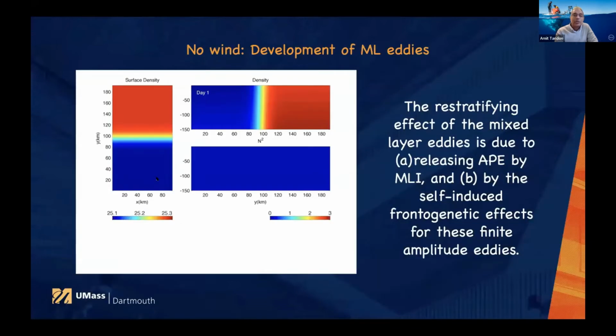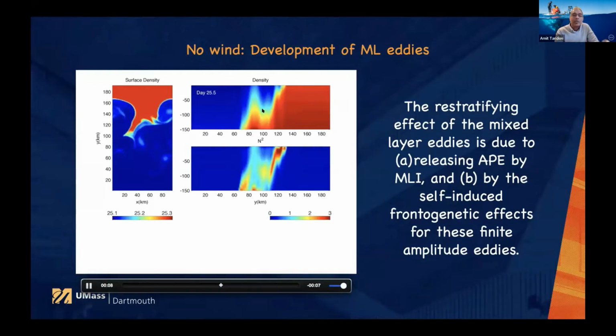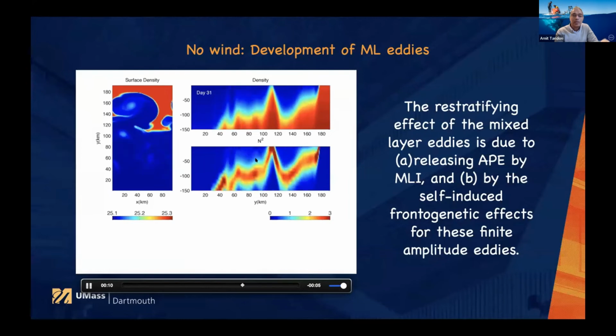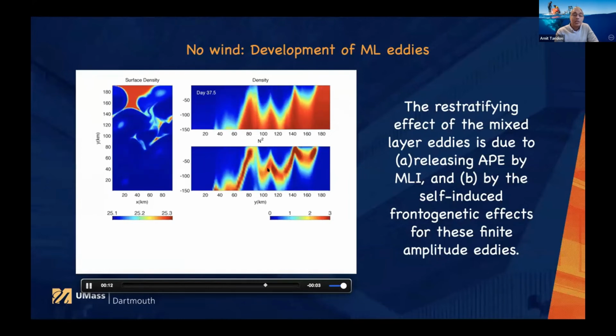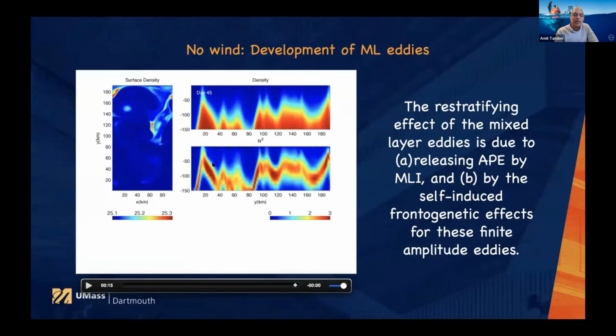So let me show a little movie just to show you what these instabilities look like. On the left-hand side is the density, and on the right-hand side I'm showing you both the density field as well as the stratification. You can see that when we started out, the water wasn't well stratified, but one major impact that these instabilities have is they release the available potential energy.